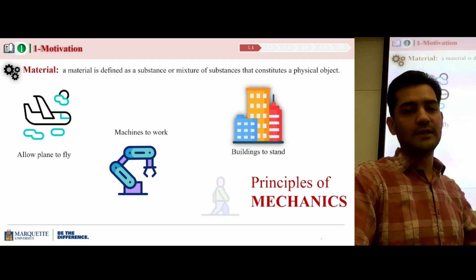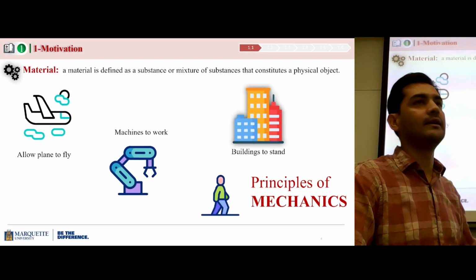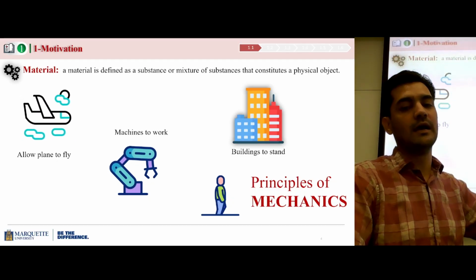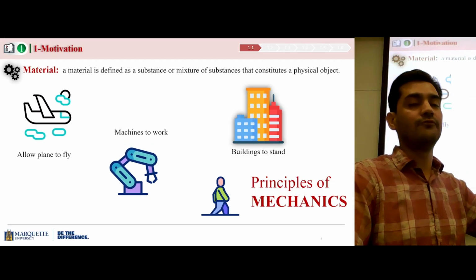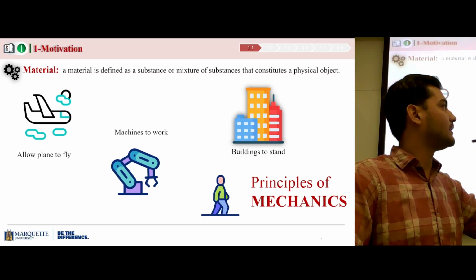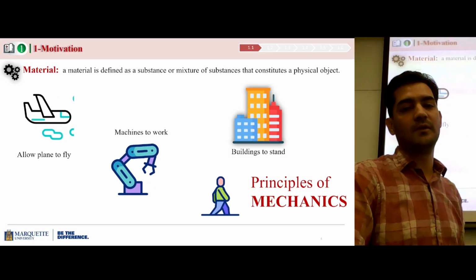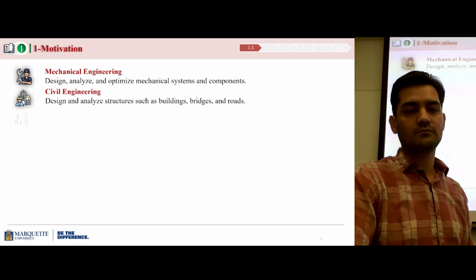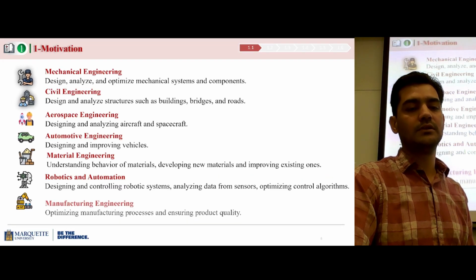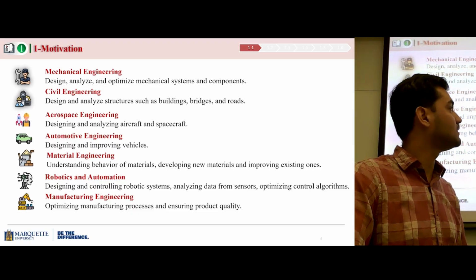We talked about some principles of mechanics: everything that happens in this world follows some kind of laws, and those laws are basically defined by principles of mechanics. We also discussed the application of this subject.